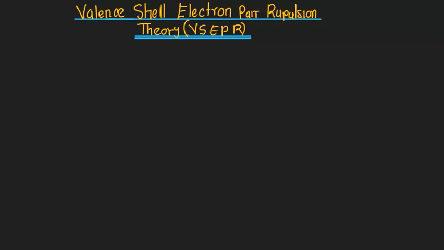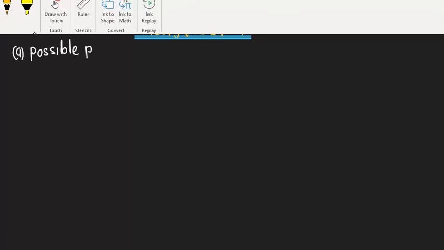Now, there are a few things that I would want you to know by heart. The first one is the possible hybridization under this particular topic. I want you to master this.